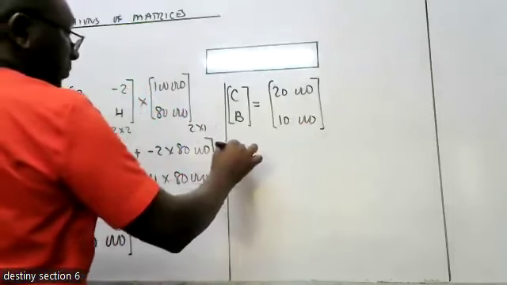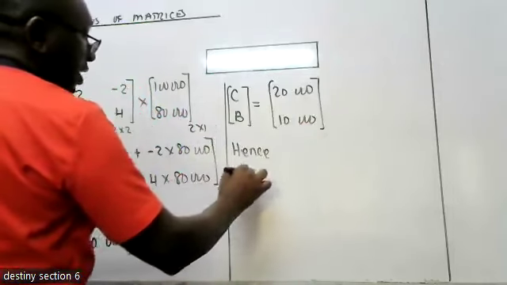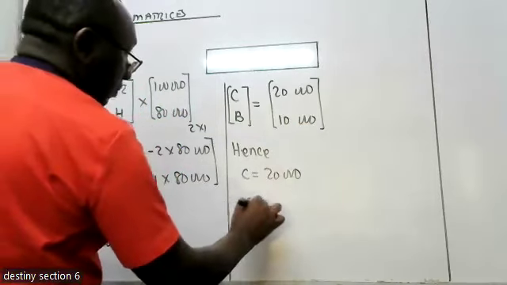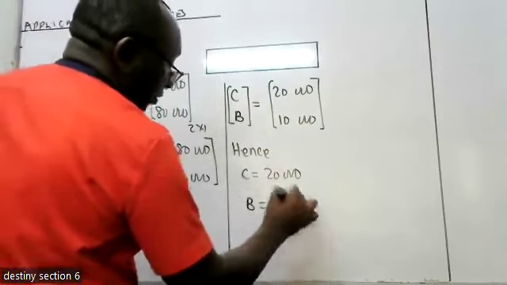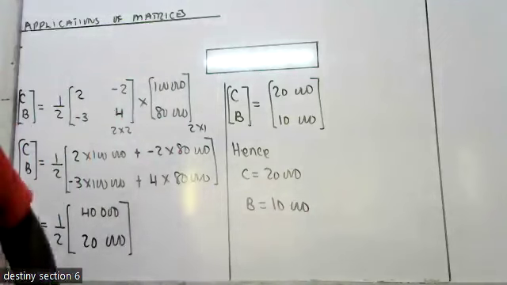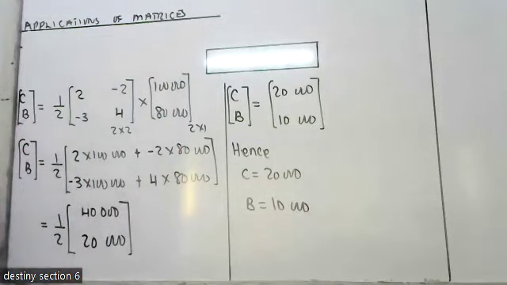And hence, C is 20,000 and B is 10,000. That is how we solve it.